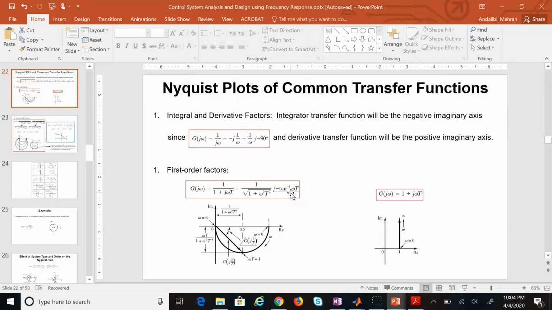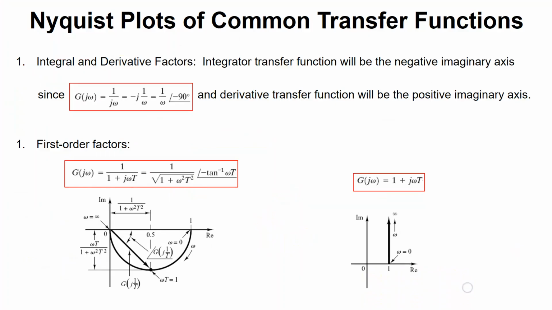So all the phase could change was literally between 0 and negative 90 degrees. And that's what you see from 0, right? Let me show you again here. All you can see is the phase of the initial vector is 0, and the phase of the final vector is negative 90 degrees.